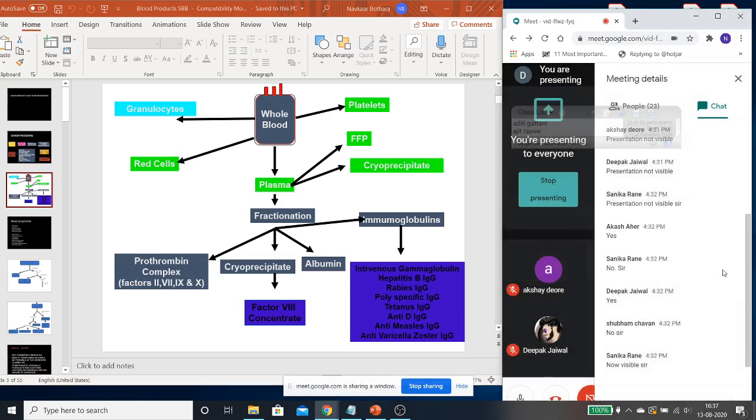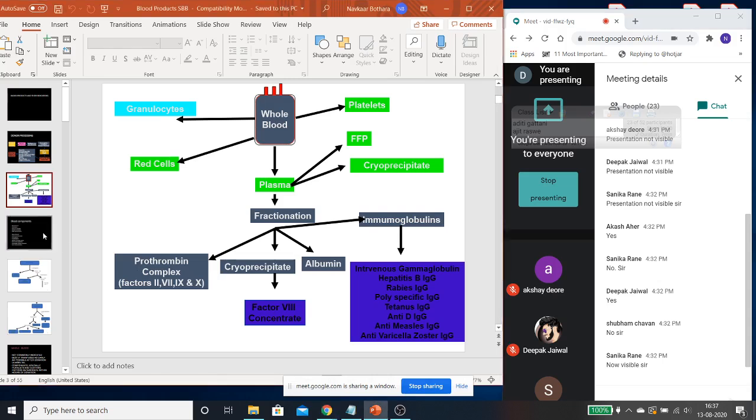Then next is cryoprecipitate, which contains factor 8 concentrate. Albumin is an important protein which plays a very important role. Immunoglobulins are actually antibodies, we know. So these various immunoglobulins are there. Examples are gamma globulin, hepatitis B IgG, rabies, and many such antibodies. If the person needs these, antibodies may be separated and administered to the patient.